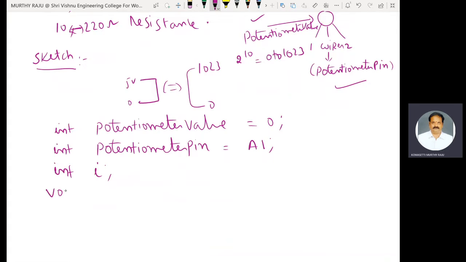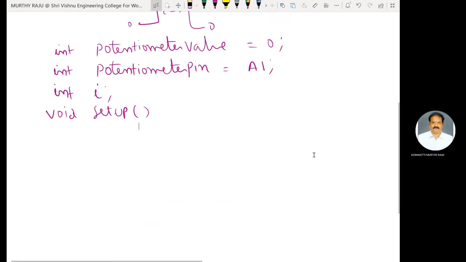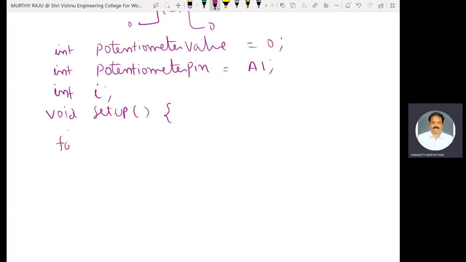This one is void setup. Curly bracket open. Generally we use a for loop. For I is equal to 13, I greater than or equal to 4, I minus minus.